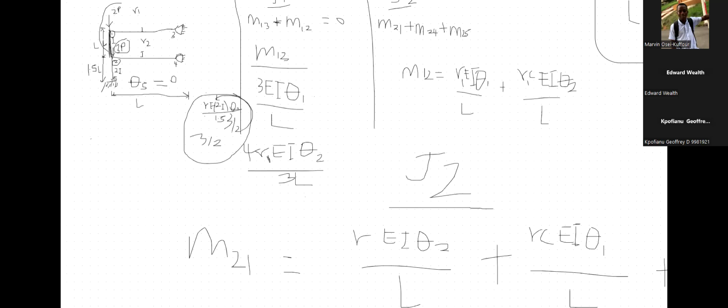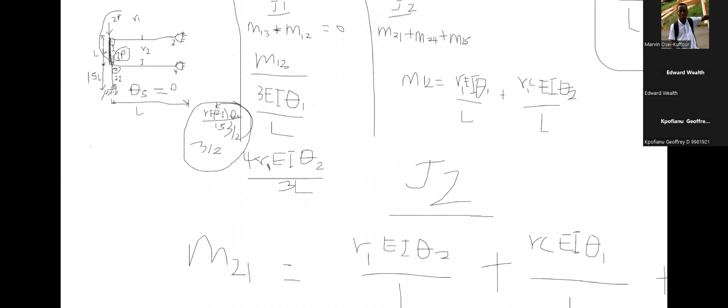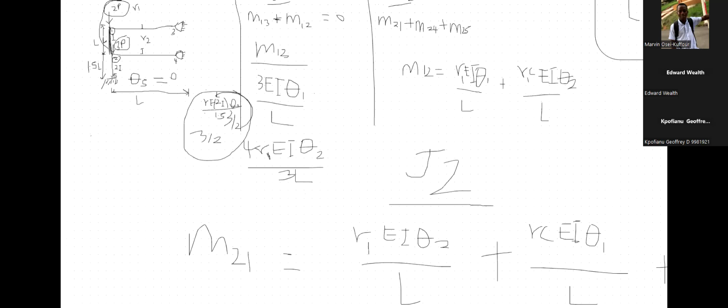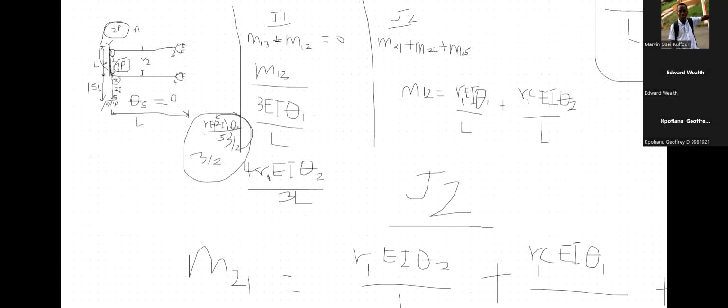So here will still be R1 because when you check M21, what loading is passing through is the 2P. So it still will be R1, and here too will be R1. But when you get to M24, the load that is passing through is 3P.